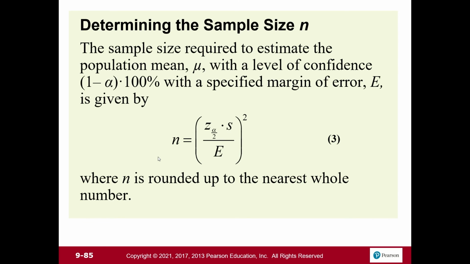This is the formula that will be used. And they say to round up to the nearest whole number, even if you get an n that's like 200.3. You just round that up to 201. That's how many you need to survey.